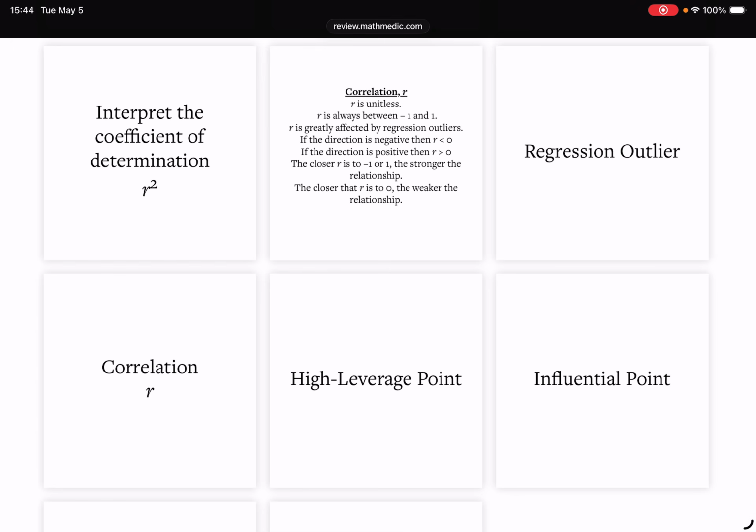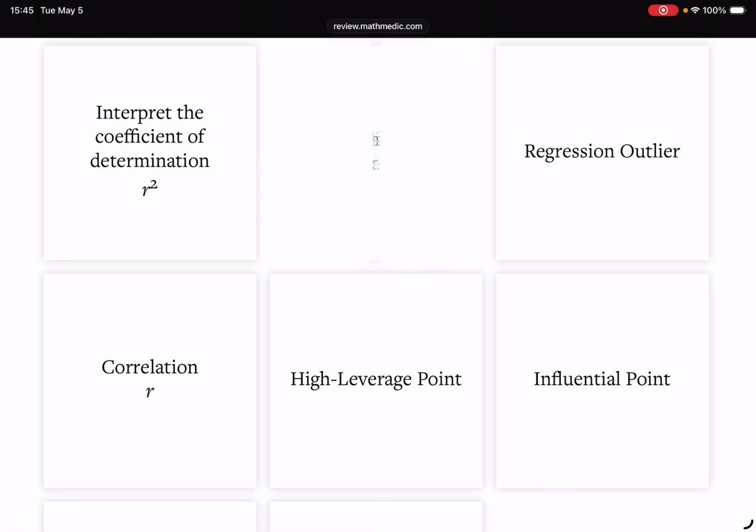And the closer r is to -1 or 1, the stronger the relationship is. The closer r is to 0, the weaker the relationship. So I would think the most important things here is that r is always between -1 and 1, and that the closer to those outer bounds, the stronger it is. The closer to the center, which is 0, the weaker it is.